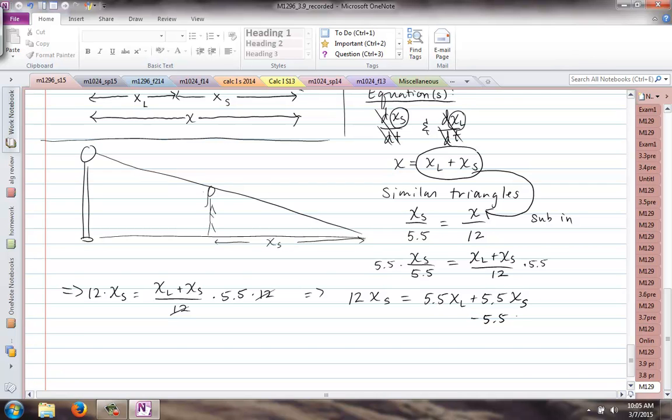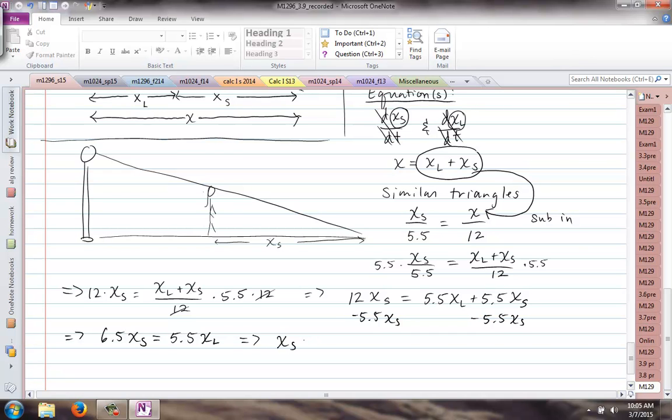So I'm going to subtract 5.5 x sub s from both sides. So then what I get is 6.5 x sub s is equal to 5.5 x sub l, and I guess I could stop there. That'd be fine.